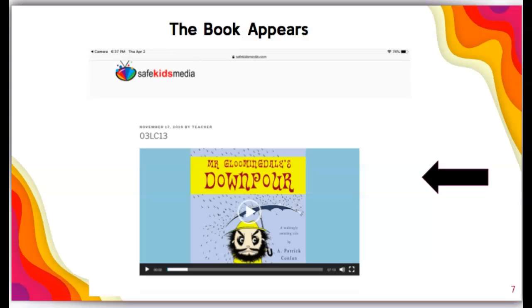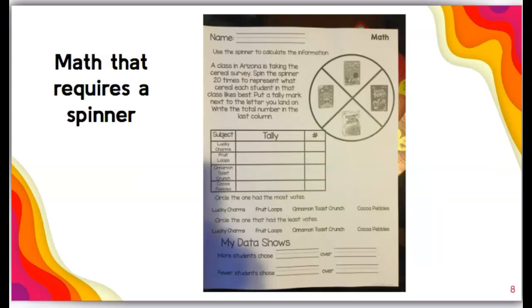So the second thing I want to go over with you is there are lots of opportunities for your child to use a spinner in both of these work packets. So I'm going to show you what I mean. There are spinner activities in the language or grammar activities as well as math.